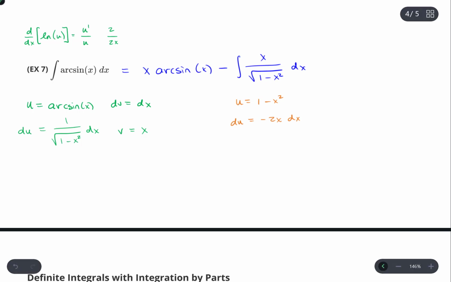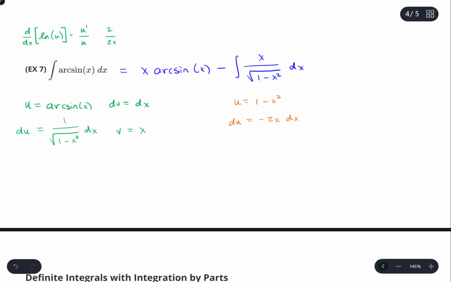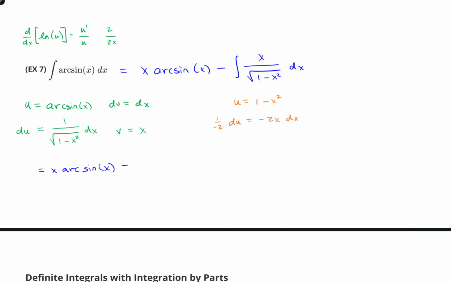And then what you can do is rewrite this as x arcsine of x. Let's see, I guess I'm going to need to divide this negative 1/2 over, okay, so that this would actually be plus 1/2 times the integral.